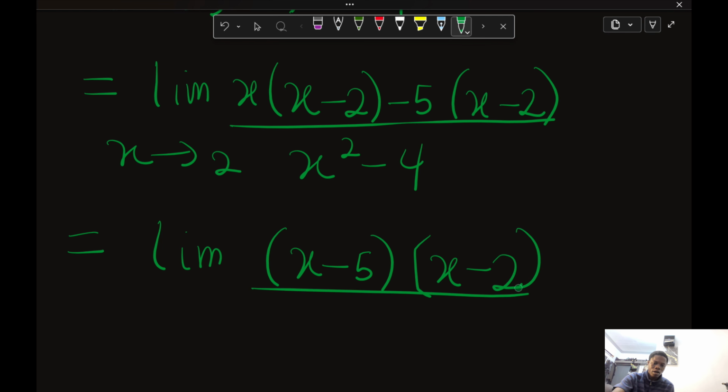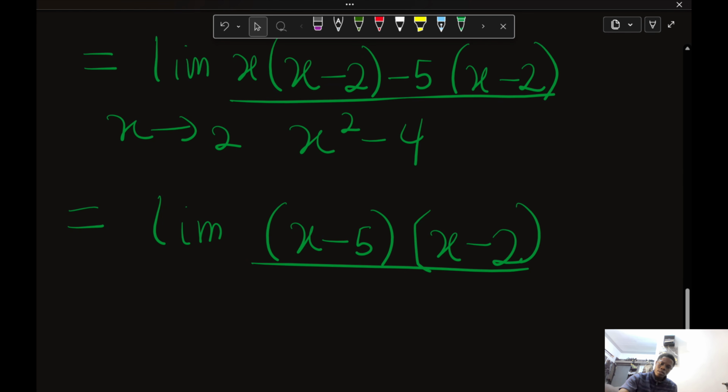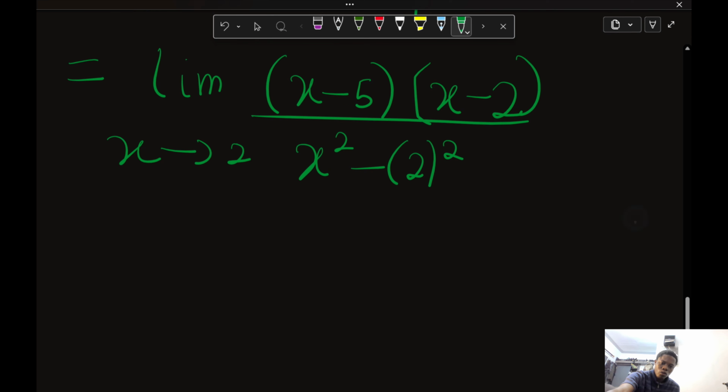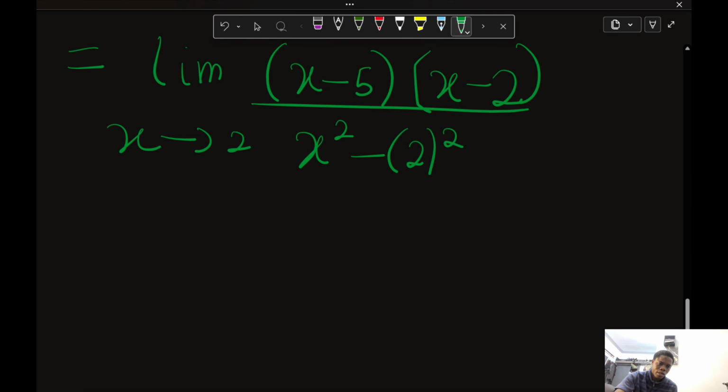Then all over. Now you could see that x squared minus 4 is the same as x squared minus 2 squared. 2 squared is the same as 4, so we can apply the concept of difference of two squares. So we continue to simplify.